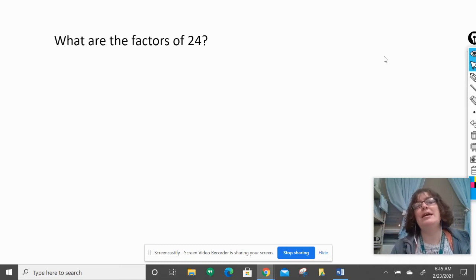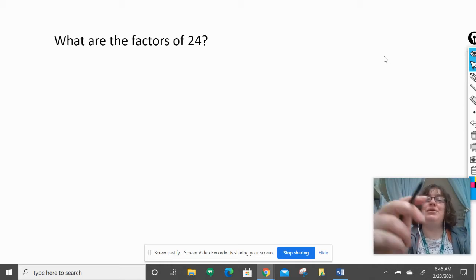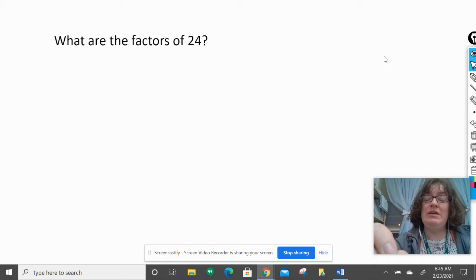So just to get us thinking about this, my first question is, what do I mean when I say what are the factors of 24? That may be a word you're not quite familiar with, but factors simply means what are the pieces that make up 24 by multiplication. And so if I were looking for factors of 24, I'd go in a very organized fashion.